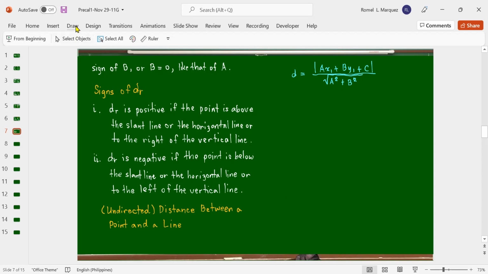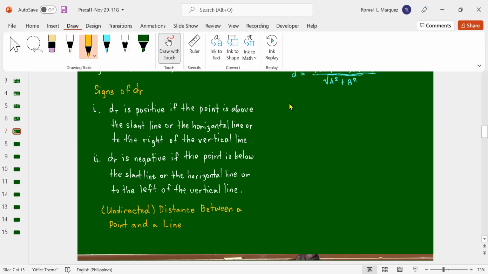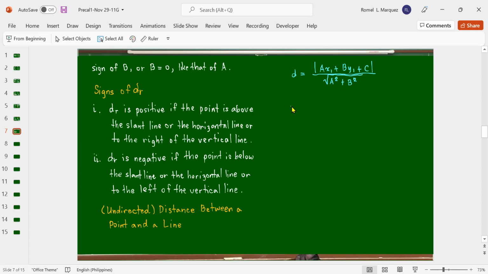And what about for parallel lines? Distance between parallel lines. But be sure they are parallel, huh? And you should know how to check whether they are parallel or not. If the lines coincide, of course, the distance will be 0.